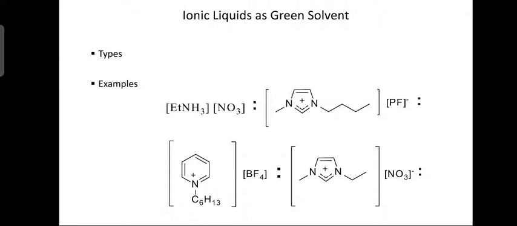It contains several different ionic species, and their melting point and properties depend upon the mole fractions of aluminum chloride and 1,3-dialkyl imidazolium chloride present.